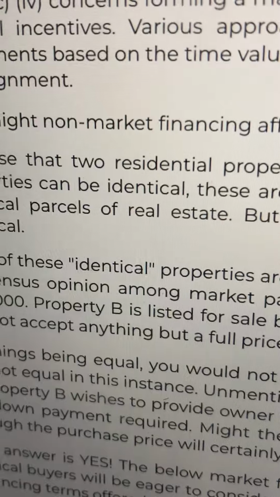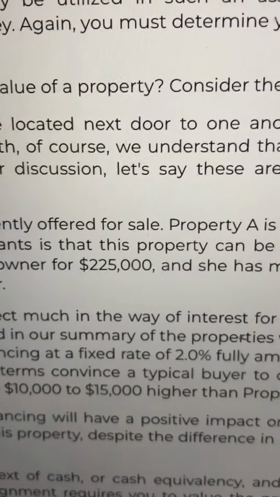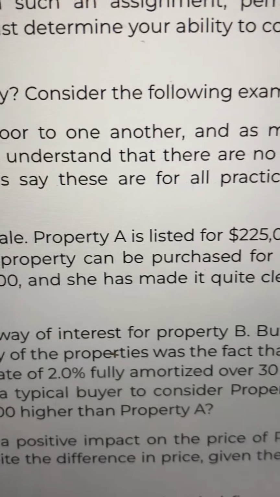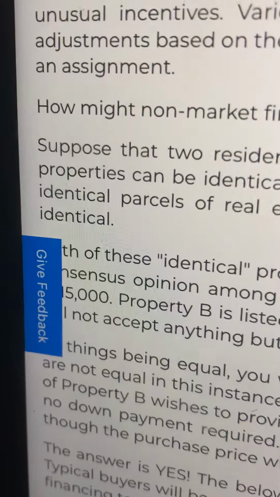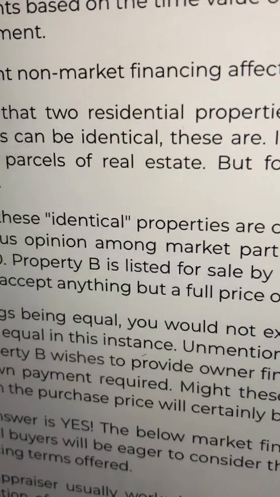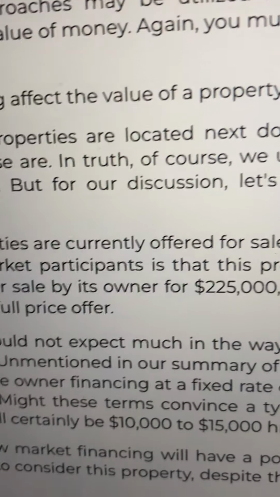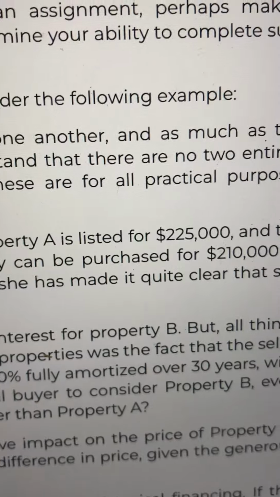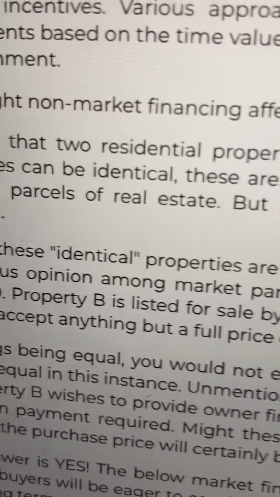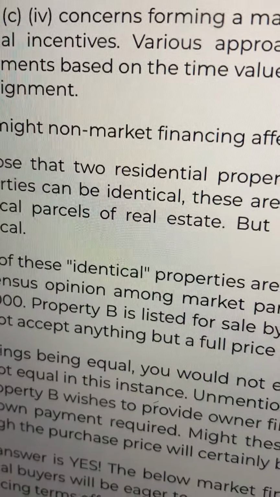Suppose that two residential properties are located next door to one another, and as much as two properties can be identical, these are, in truth, of course, we understand that there are no two entirely identical parcels of real estate.